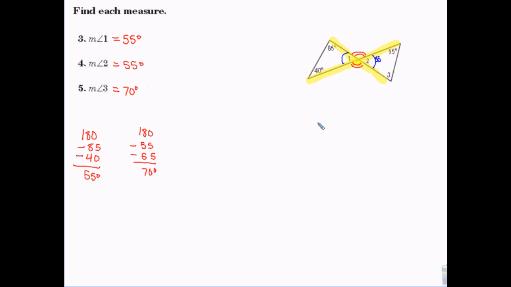Here are your possible scenarios. Okay? You'll have two triangles that connect together and you get vertical angles. You'll have triangles that do something like this, where the three angles together, this one, and this one, will add up to 180, and you'll have to have two of those to find the third.